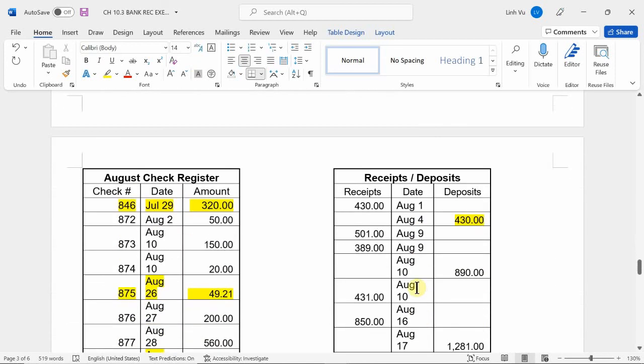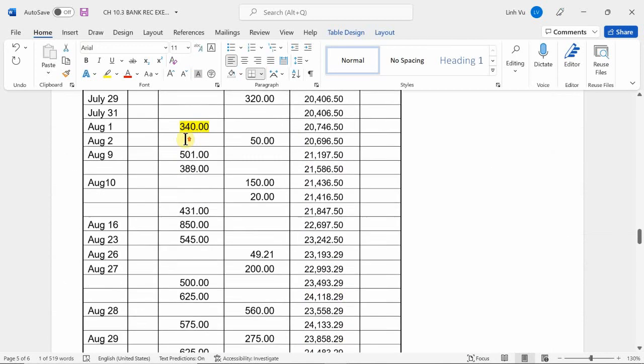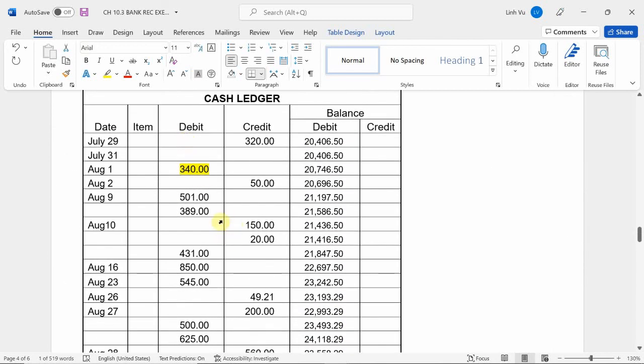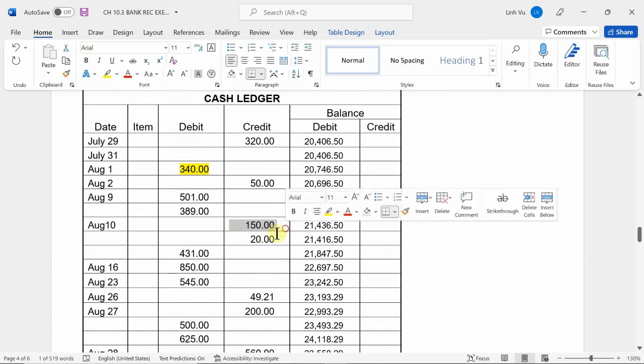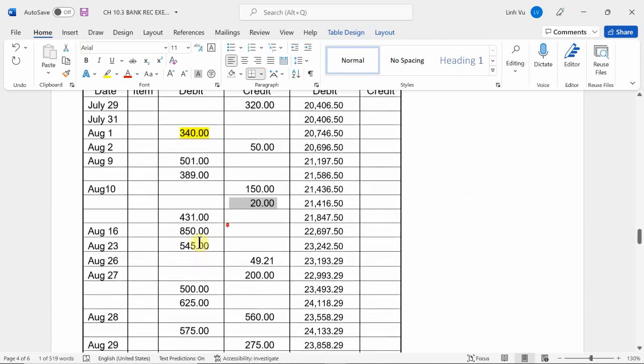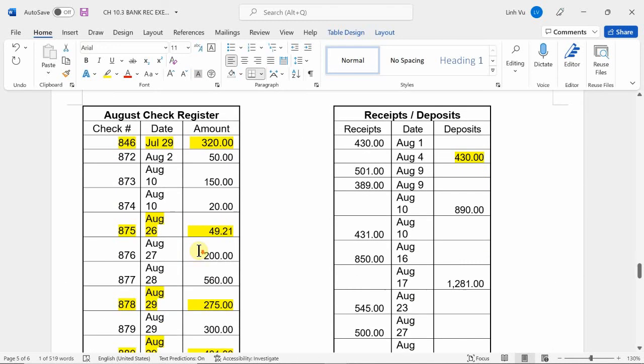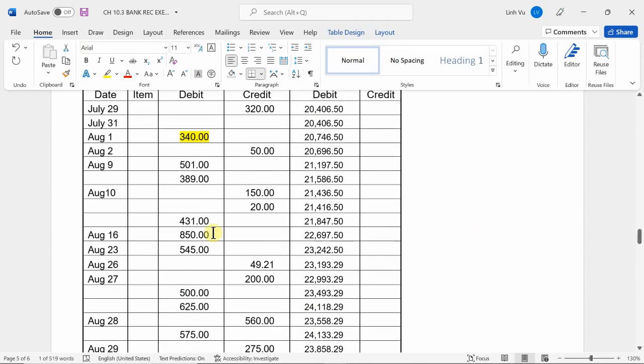Let's see. 501 plus 389, that's correct. I did make this deposit for $890. Next one, did I write a check for $150 and then $20? Yes, I wrote a check for $150 and I wrote it for $20.